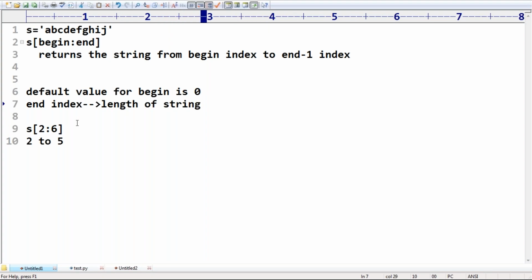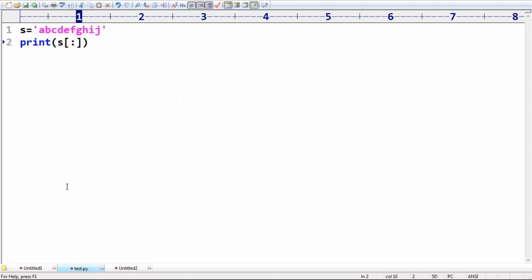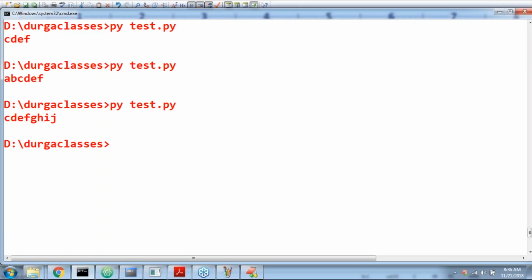The length itself is the default value, because length minus 1 is considered, until the end. So even this slice operator is acceptable: take 2, which means C, and 2 to end is considered.